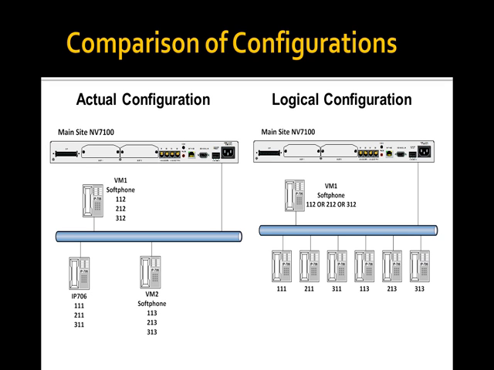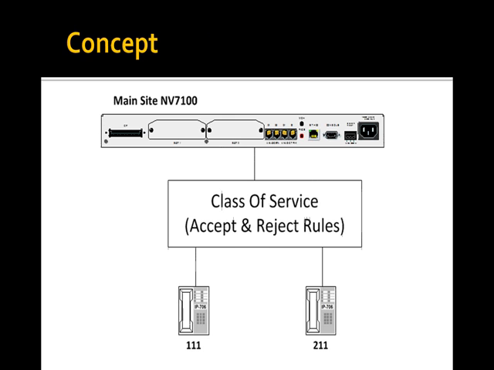All of the devices here have interfaces, and those interfaces are known to this system, but they don't really exist as an interface that I can deal with that way. And that's where this comes in. Realizing that all of those extensions are registering with this system, what I'm now doing is creating something called a class of service that lists what each class of service is allowed to dial.